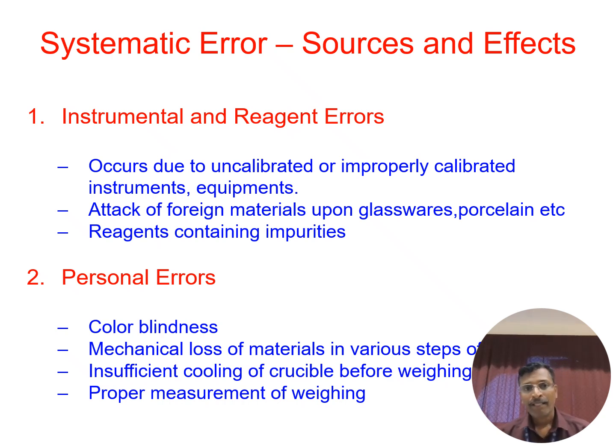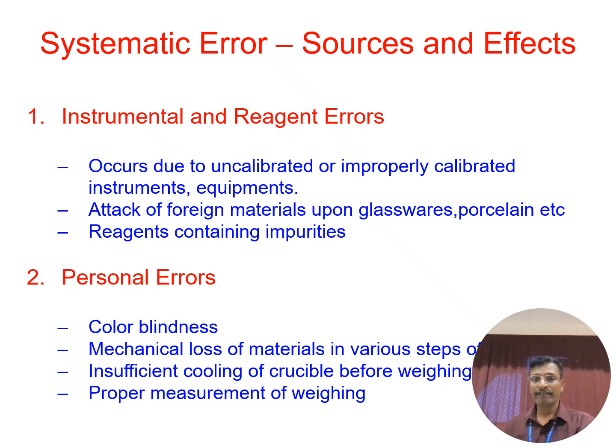Say for example, if some kind of equipment or instrument is used for your regular analysis, if the instrument is not calibrated, then you may get wrong results. If the instrument is not calibrated or improperly calibrated, the result will vary.